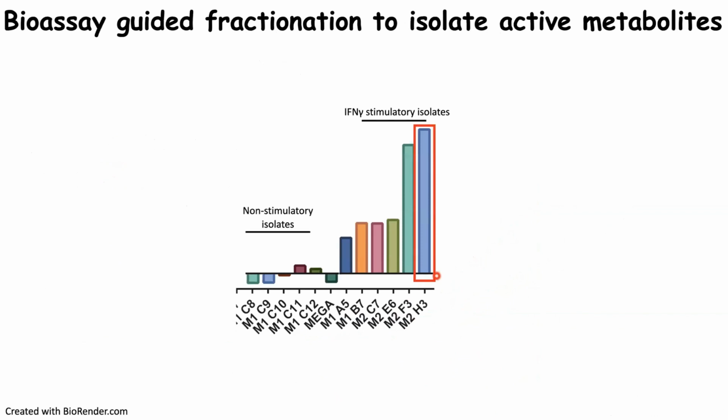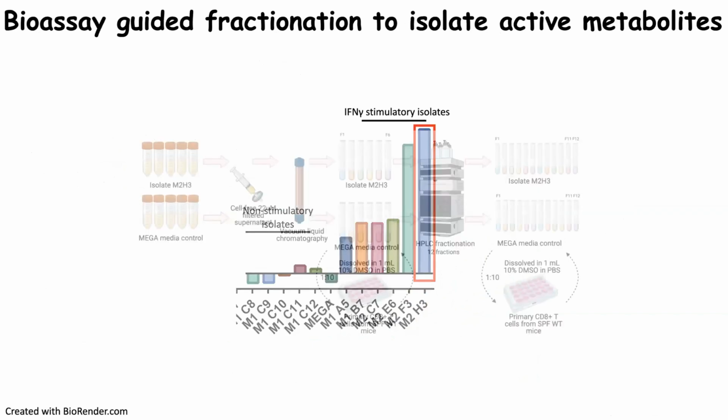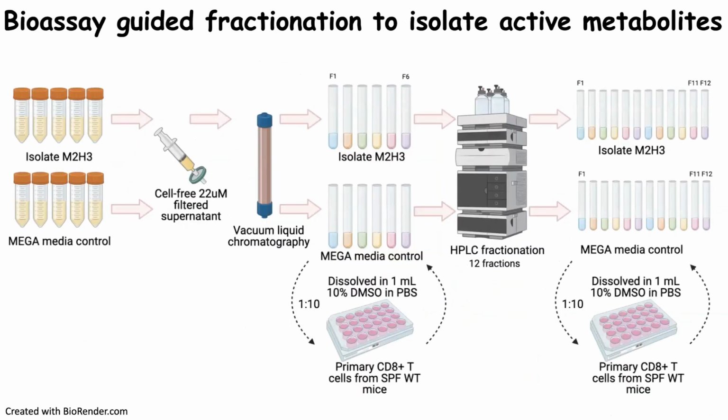And since we have supernatant, we took an isolate from the 6 consortium, this guy, because it was inducing a high amount of interferon gamma in vitro. We took this and started doing a bioassay guided fractionation to identify the molecule, right? So we first did vacuum liquid chromatography, 6 fractions, tested these fractions in our screen, and we identified fraction 6 as the only fraction that could induce interferon gamma.